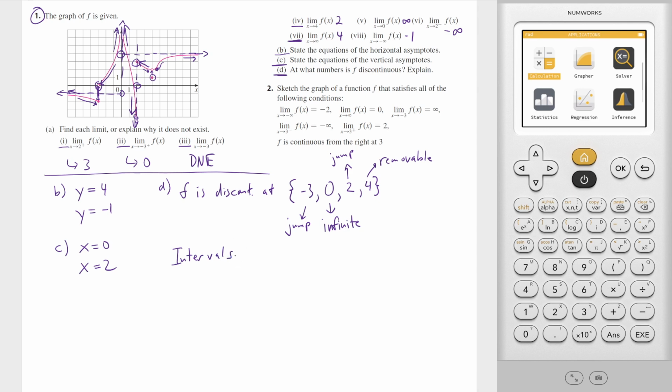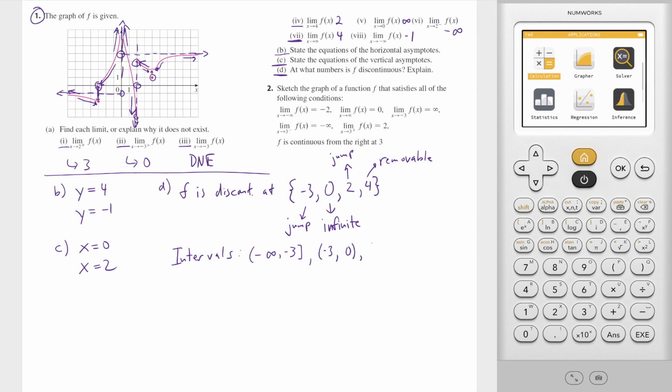From negative infinity to -3, it is continuous, and we'll say inclusive because it is a filled in point there. Then from -3 non-inclusive up to 0 non-inclusive.